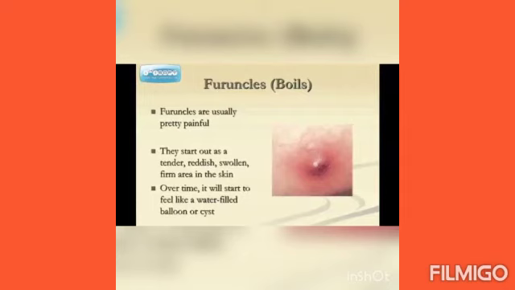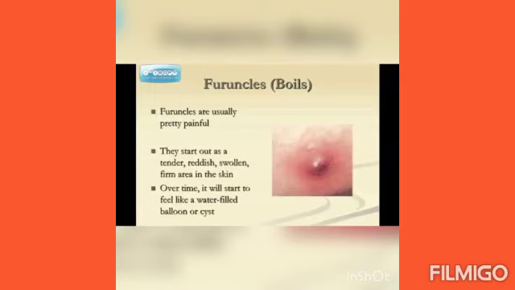It will be drained, and usually it will not need a treatment. The common sites of appearing furuncle are buttocks, neck, face, axilla. These are the common areas where furuncles occur.